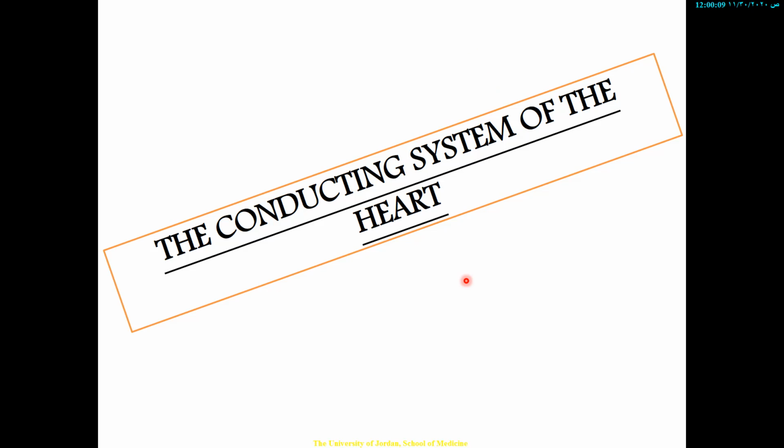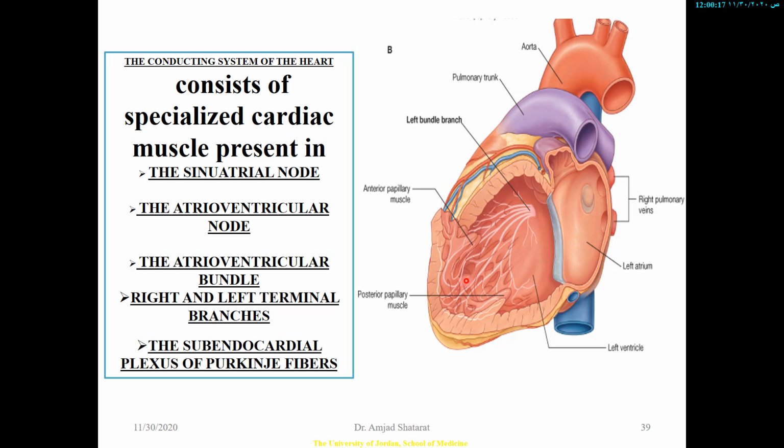Now let's talk about the conducting system. Here the conducting system consists of specialized cardiac muscle. They are not sympathetic nerves. They are not parasympathetic nerves. They are certainly not somatic nerves.